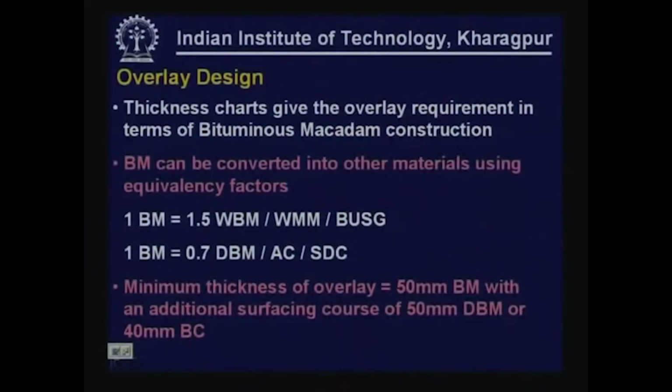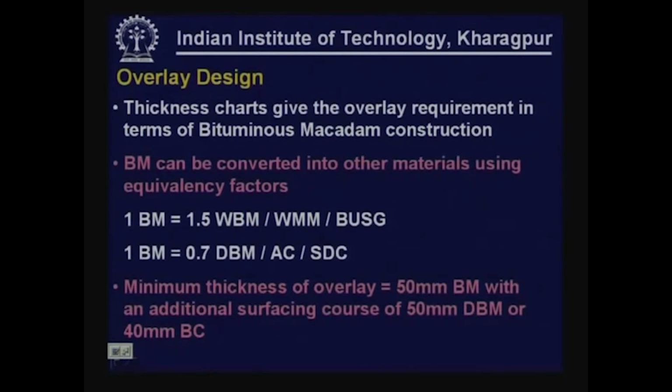For example, BM can be converted into other materials using equivalency factors, that is 1 BM is equal to 1.5 WBM or wet mix macadam or built up spray grout layer, if we are going to replace some requirement of BM in terms of WBM, WMM or built up spray grout.